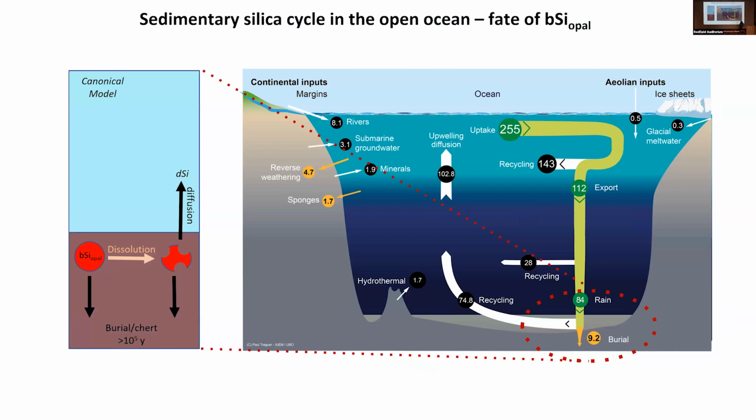The canonical model of the behavior of silica in marine sediment is that once you form this diatom frustule and it sinks to the seabed, it will either get buried and form chert over tens or hundreds of thousands of years, or part of the frustule will dissolve and diffuse back into the water column.